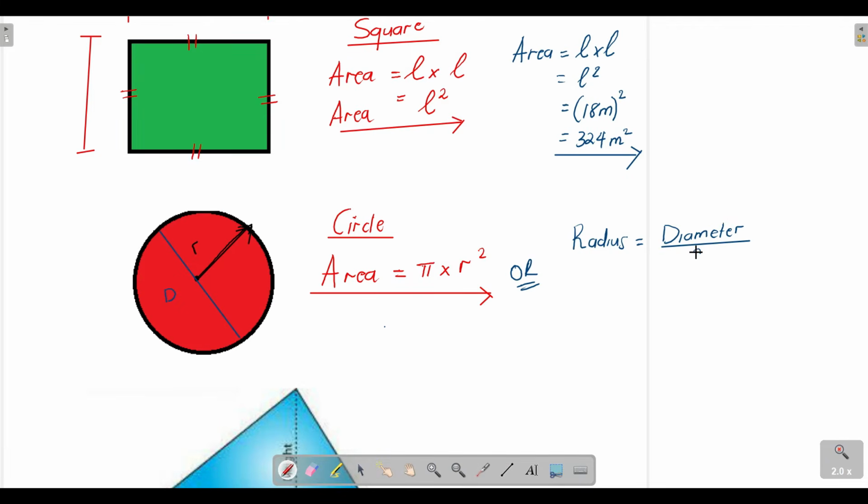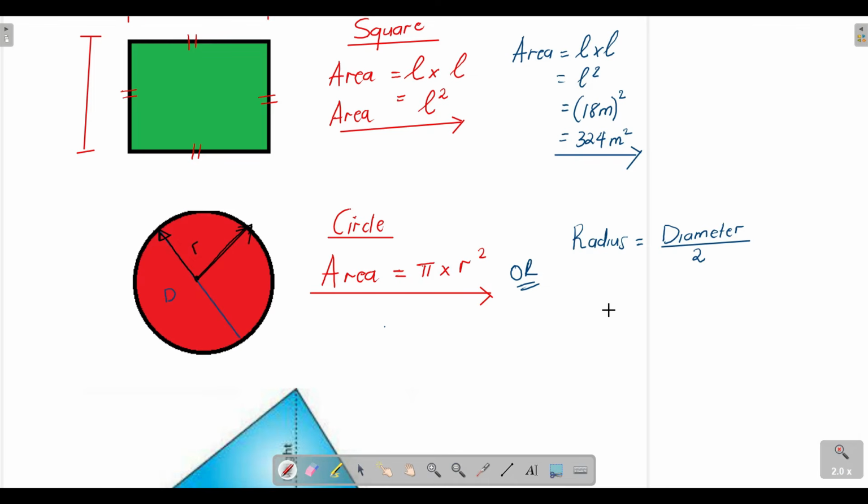That's one thing that we know. Radius is equal to diameter divided by 2. So, for example, if we were just given that blue line there, that diameter, and we wanted to calculate the radius, all we'd have to do is take this diameter and divide it by 2, and that would give us the radius.